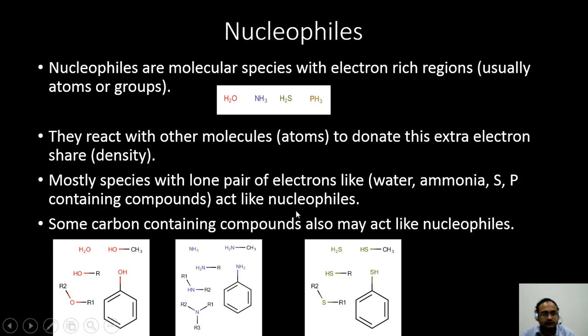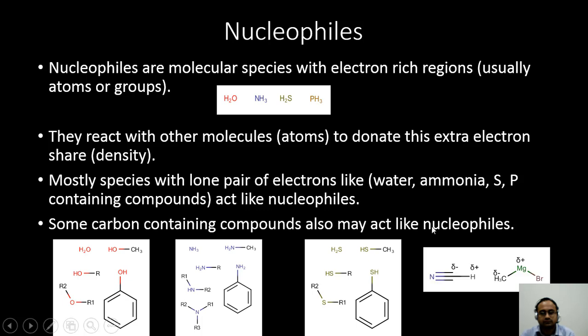But in addition to this, there are some carbon containing compounds which may also act like nucleophiles. The examples are the classical HCN, also known as hydrogen cyanide, and here you can see that because of the electronegativity difference between the hydrogen and carbon, the carbon is getting a partial negative charge because of which it is able to act like a nucleophile.